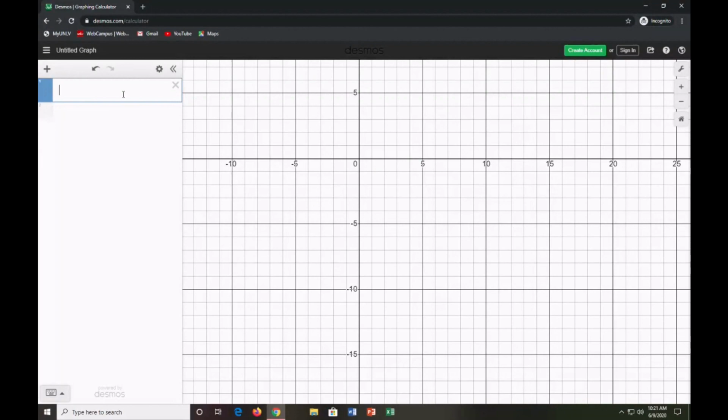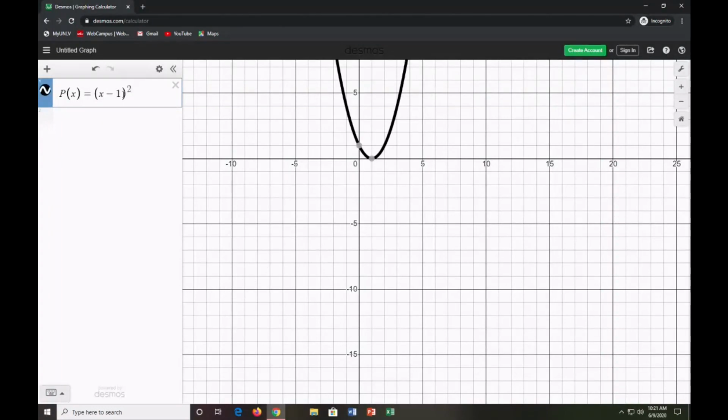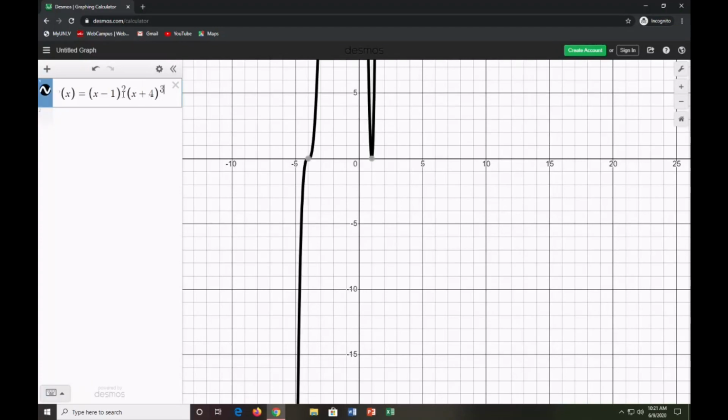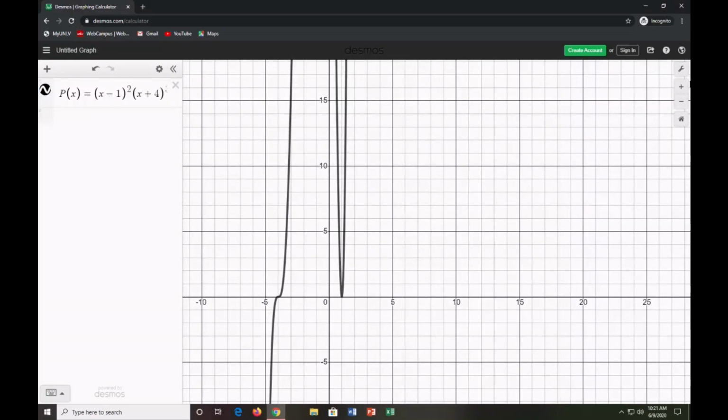So we have the graph of p of x equals x minus 1 squared times x plus 4 cubed. Okay, like that. So let me zoom out.